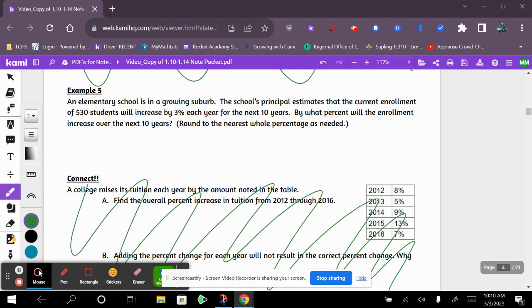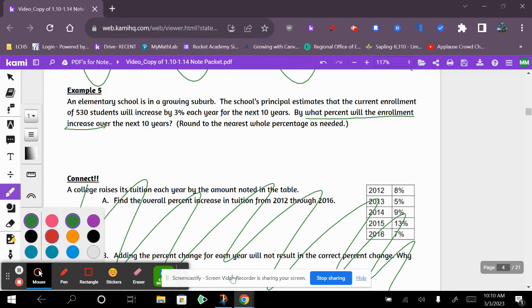Something that's interesting about this one is it doesn't ask us by how many students it's going to increase. This asks us by what percent will the enrollment increase over the next 10 years. So we can take a shortcut on this one. We can actually use multipliers.